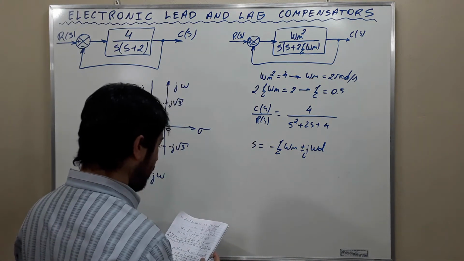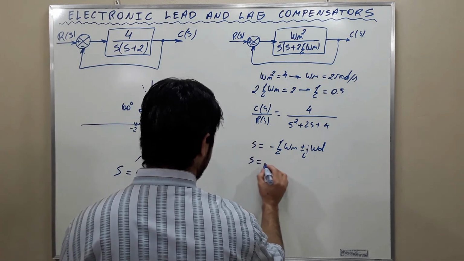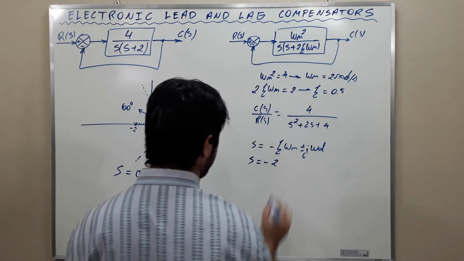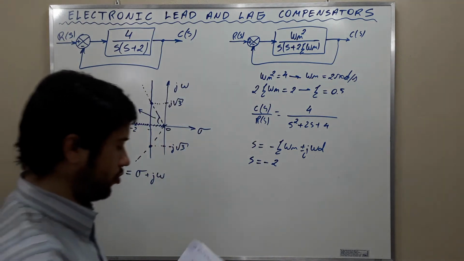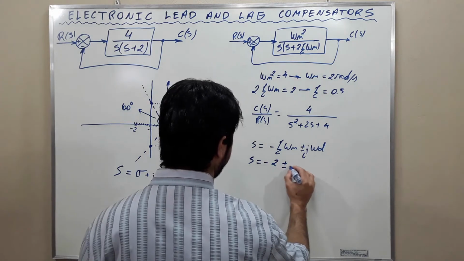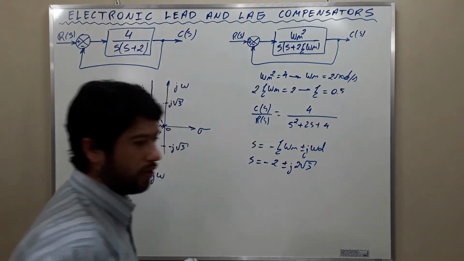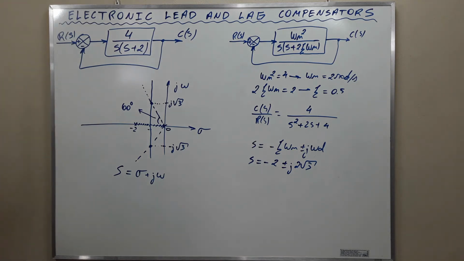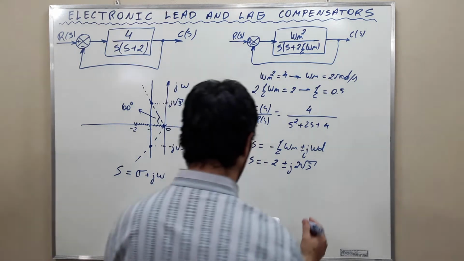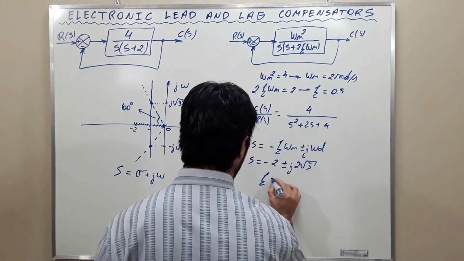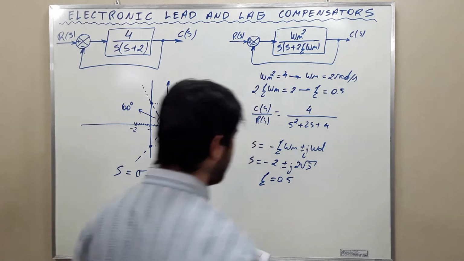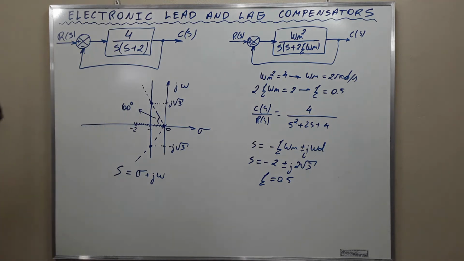Okay? Where s has to be equal to minus 2 plus or minus j2 times the square root of 3. In this way, zeta, or the damping ratio, is preserved. We're going to have a zeta here equal to 0.5 as we wish.